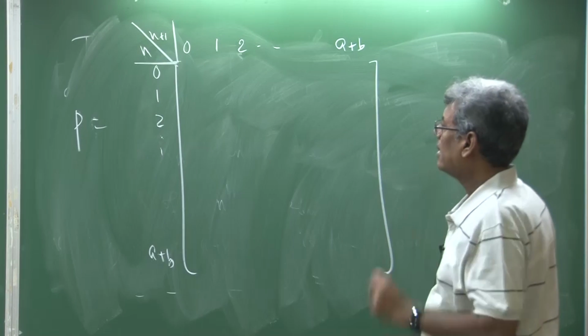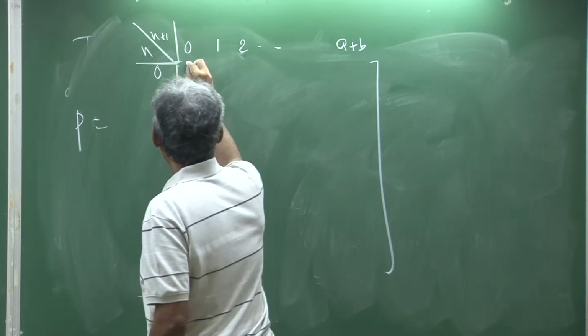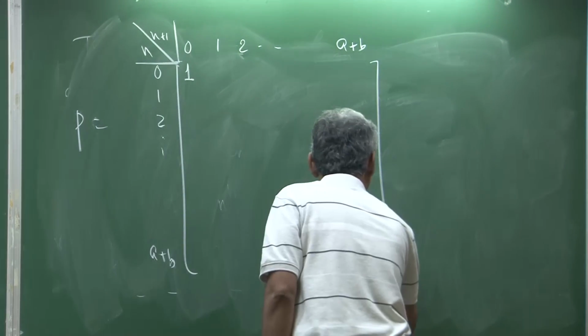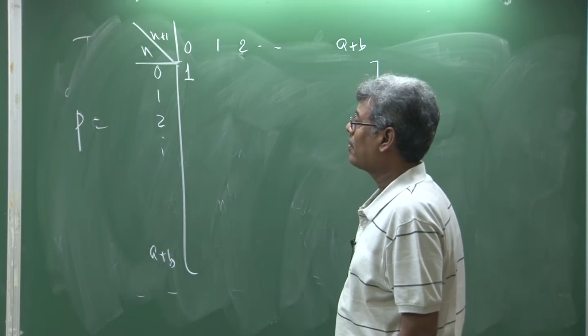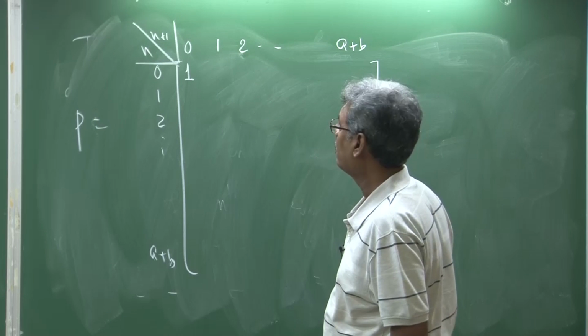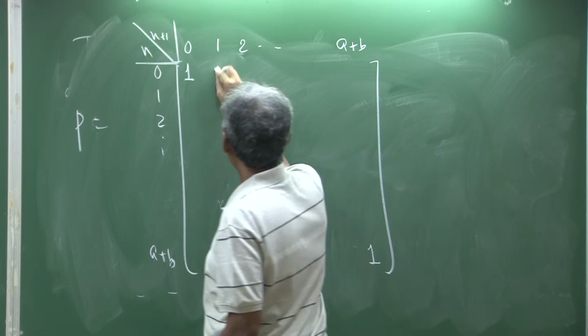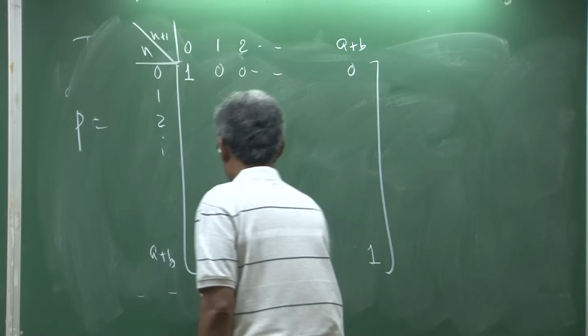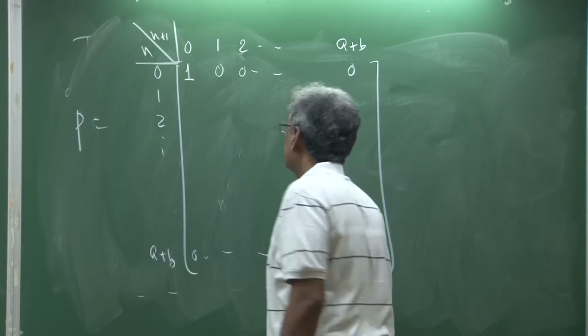You can see that this entry becomes 1, and this becomes 1, and the others are all 0.